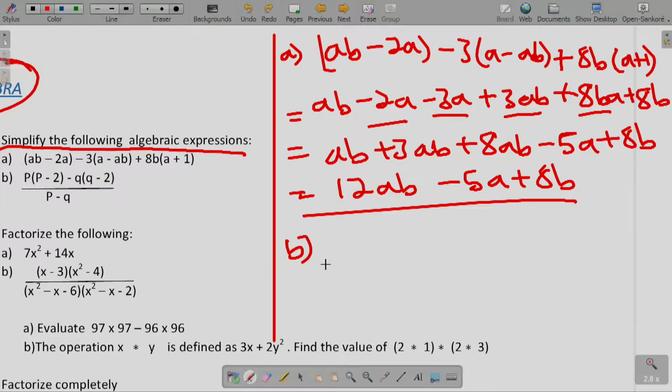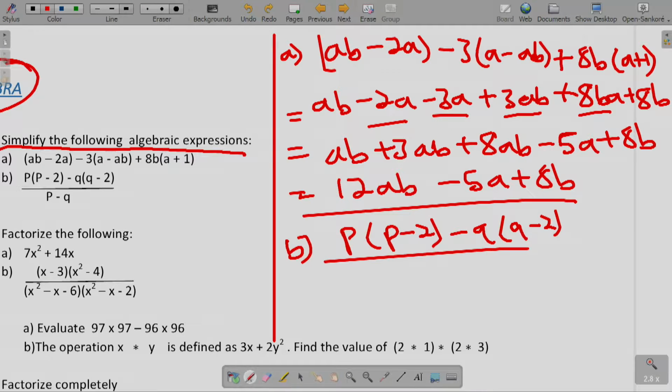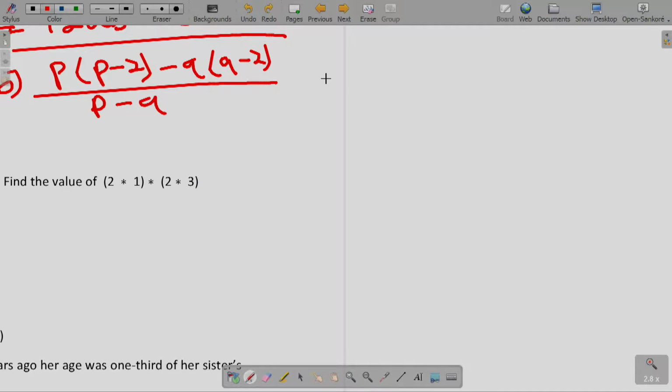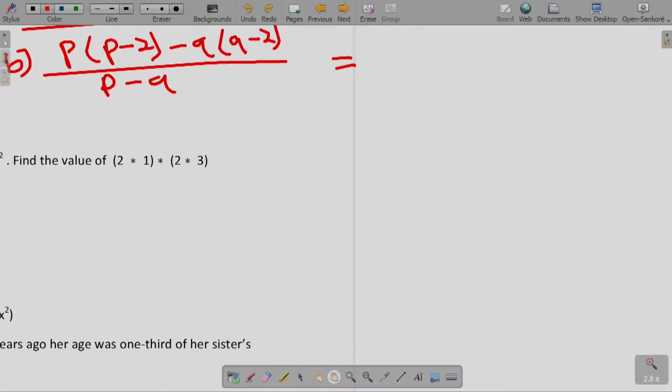Let's move now on to question 1b. We have P into bracket P minus 2 minus Q minus 2 over P minus Q. So this is equal to P times P, we get P square. P times negative 2, we get negative 2P.